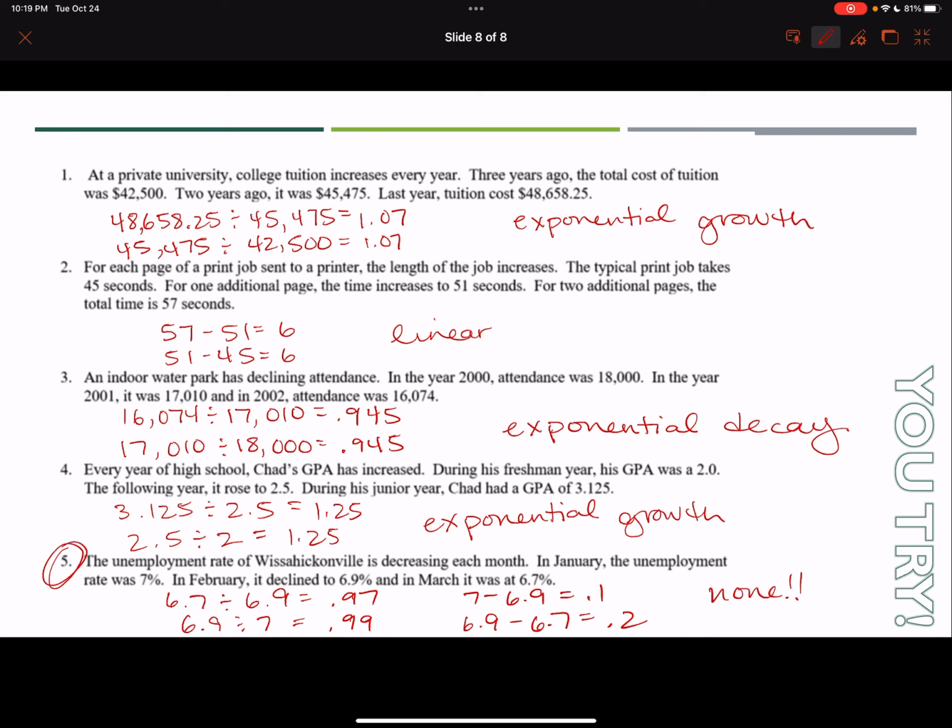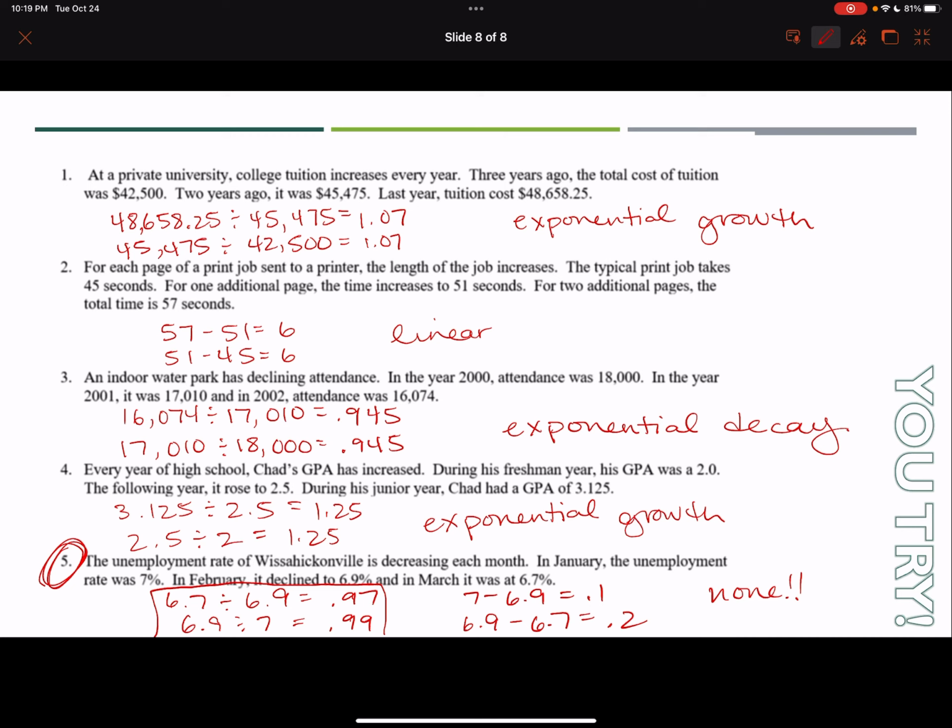I want to point out number 5 real fast. You can see that I checked first to see if it was exponential. So I took 6.7 and divided by 6.9. I got 0.97. And then 6.9 divided by 7, that's 0.99. Those are close, but they're not close enough. Like they wouldn't round really to the same value.